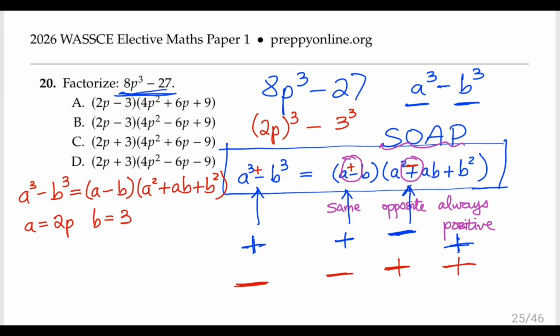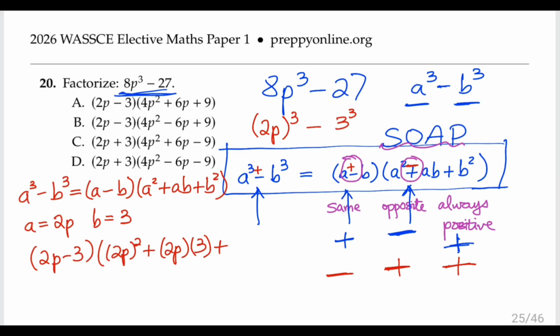So if we substitute those values here, we're going to get 2p minus 3. And then here we're going to get 2p all squared. Here we're going to get 2p times 3. And here we're going to get b squared, which is 3 squared.